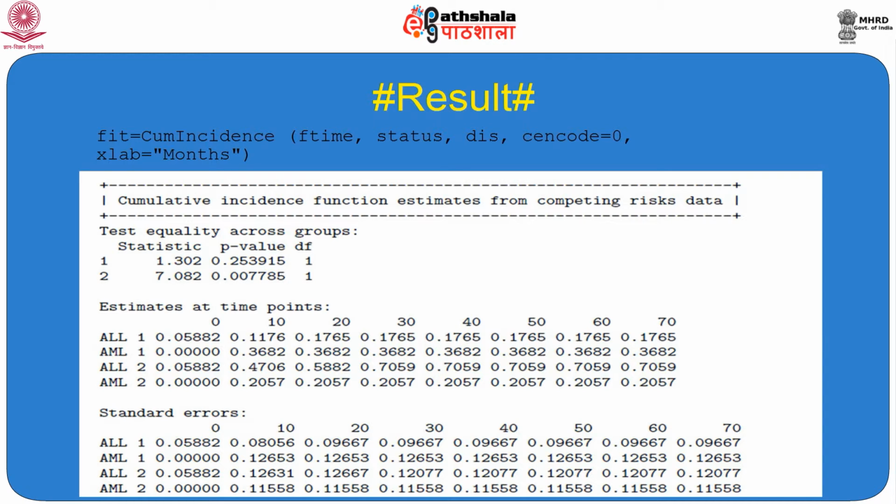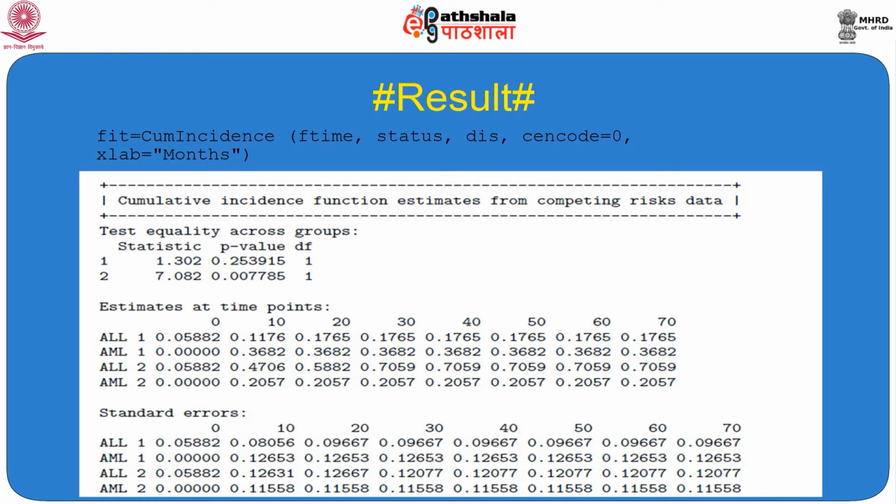So here the censor code for censored patients has been defined as 0, and when making the plot, we can set xlab with a duration of months or days, anything.